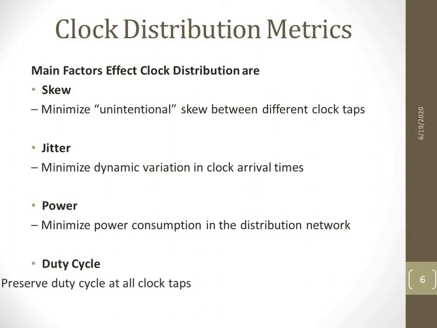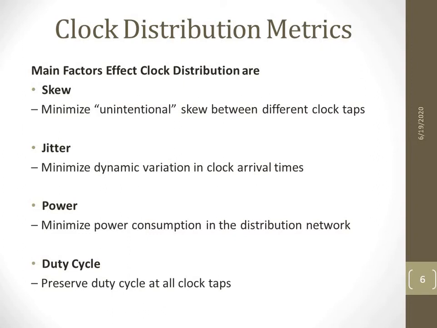And the duty cycle. We need to preserve the duty cycle at all clock taps, because we know clock has a unique on time and off time. On time and off time are the same. They should not be disturbed. If that is disturbed, that means the duty cycle will be disturbed, and then the triggering of the clock wherever the devices are going to work may change.